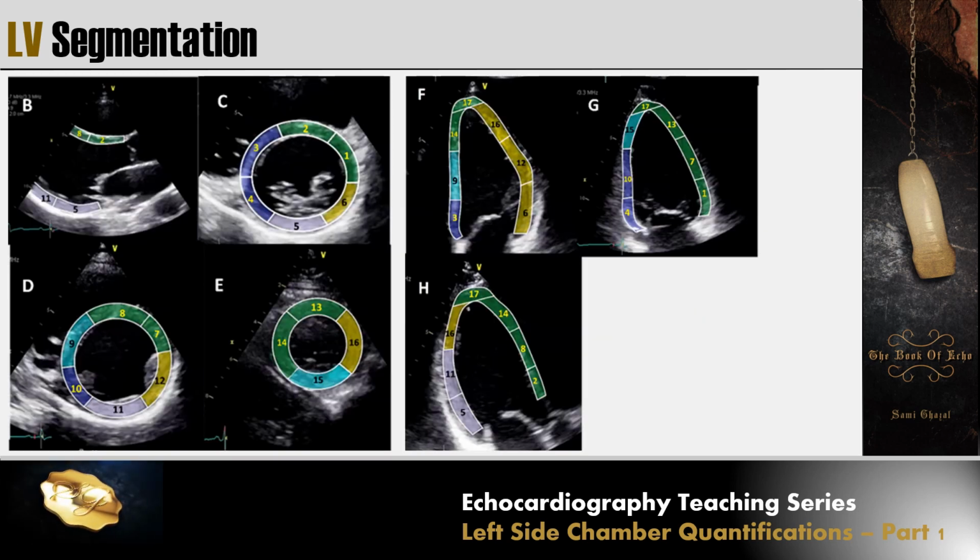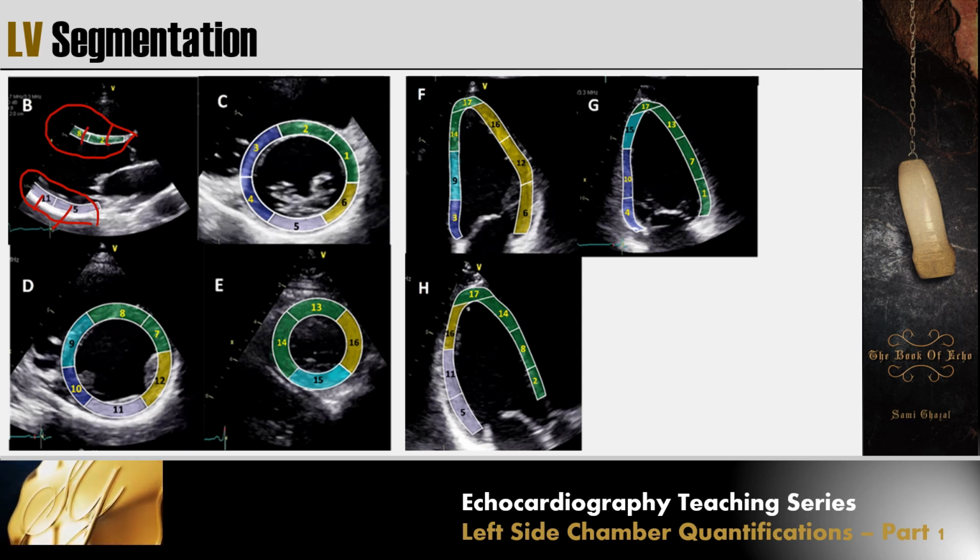This is how LV segmentation is presented in transthoracic echocardiography. So let's take them one by one. In parasternal long axis, this is the anteroseptal, and this wall here is the inferolateral. And then again you have the basal and mid-segments.